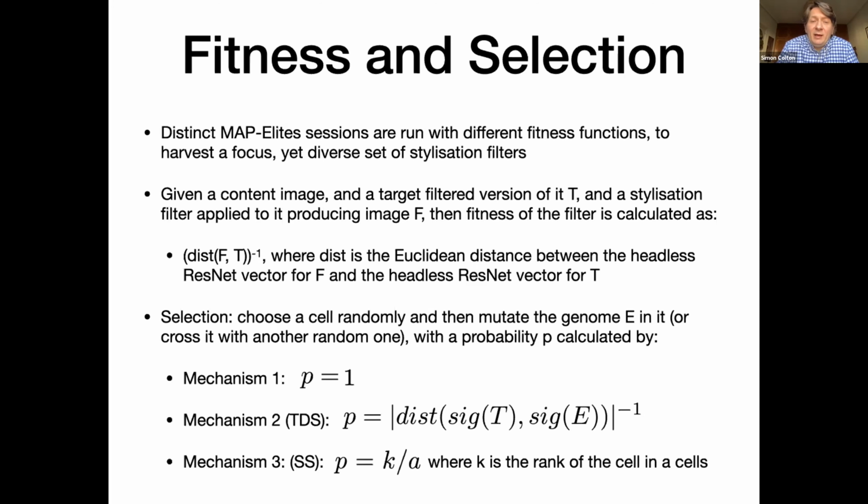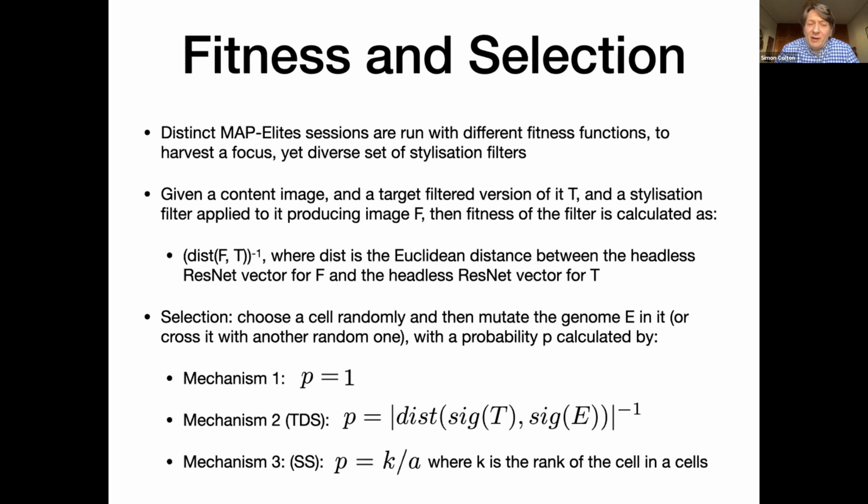The first mechanism chooses a cell randomly, and with probability 1 will mutate it. The second mechanism takes the reciprocal of the distance between the signature of the target image and the signature of the genome image E, so that you're choosing more often to mutate images which look already closer to the target image.